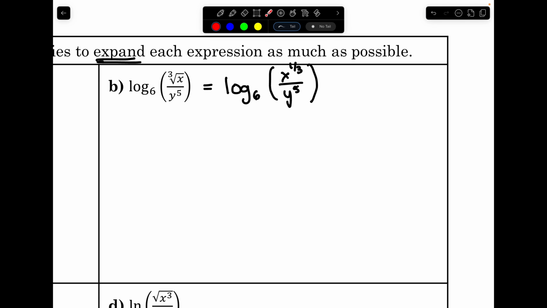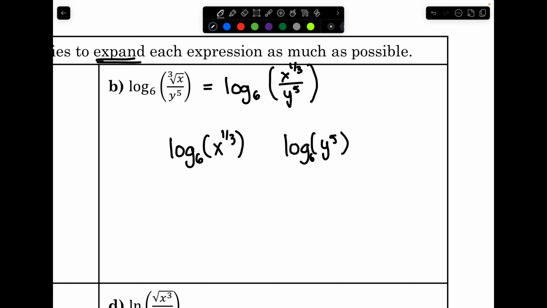Now here, because we're dividing the x and the y, we're going to split this into two logs: the log base 6 of x to the 1/3 and the log base 6 of y to the 5th. Now, because we're dividing these two quantities, this division symbol right here looks exactly like a minus symbol.